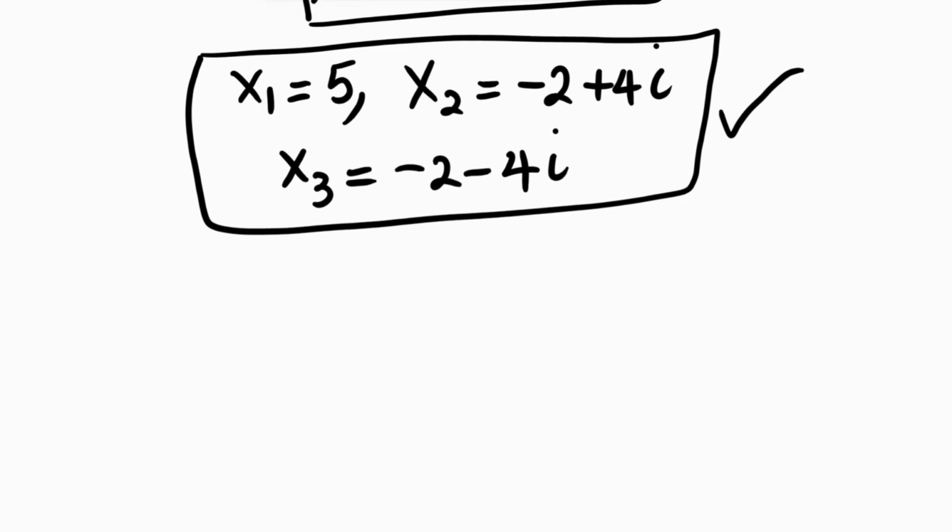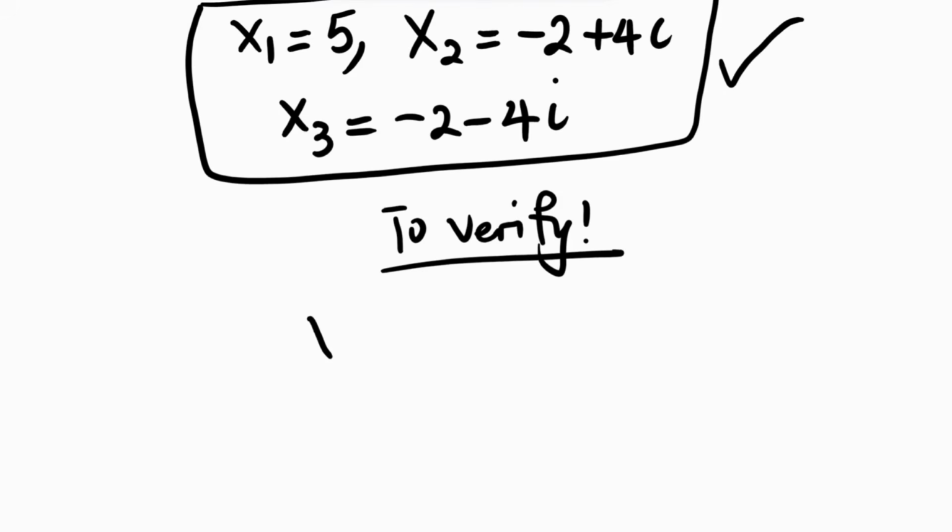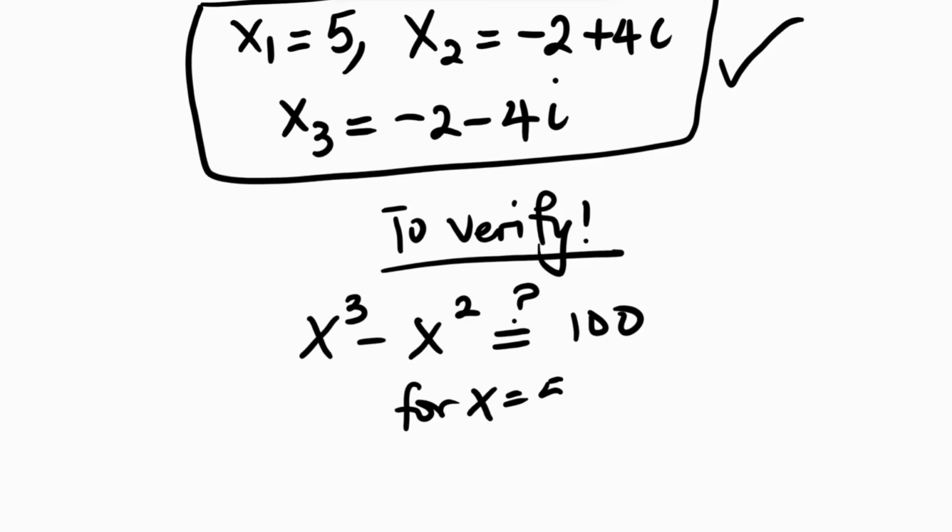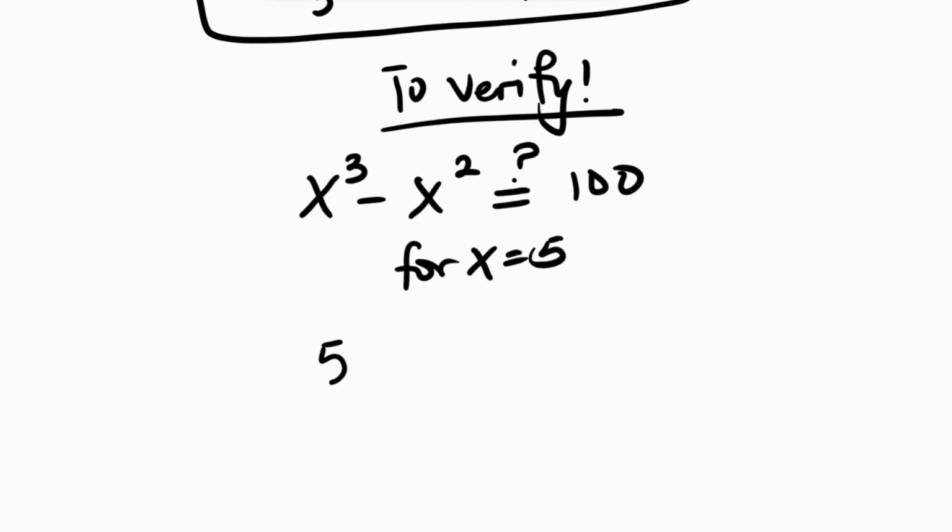So if we verify, we have x³ minus x squared. Let's see if that's going to be equal to 100. For the value of x equals 5, that's 5 cubed minus 5 squared.